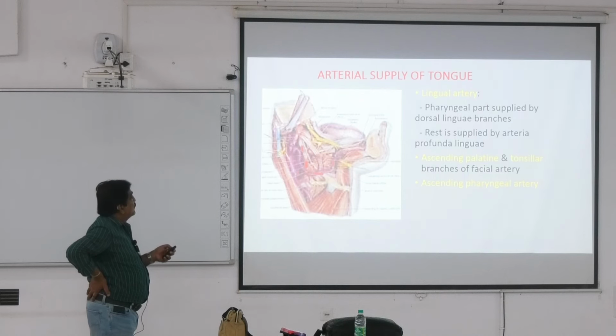Now the arterial supply of the tongue: lingual artery, pharyngeal part supplied by the dorsal lingual branches. Rest is supplied by arteria profunda linguae. And ascending palatine and tonsillar branch of the facial artery, ascending pharyngeal artery.